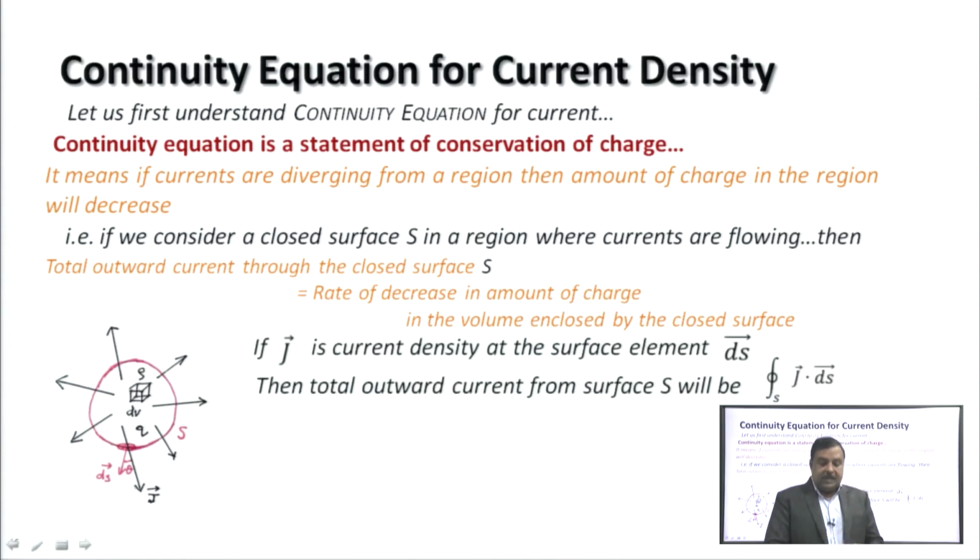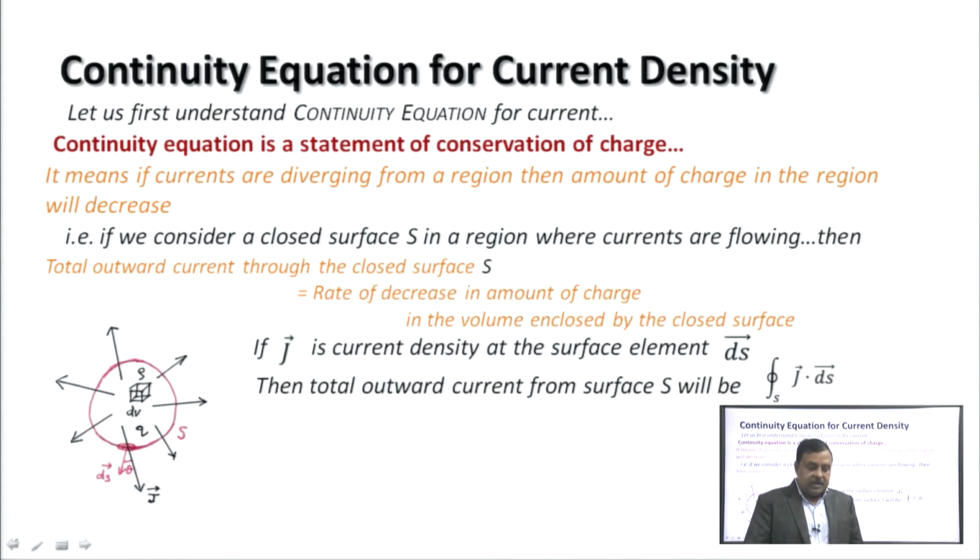If J is current density at the surface element ds, surface element means it is a small surface area ds, and if we represent surface area ds by vector, then direction of the area vector is normal to the surface.